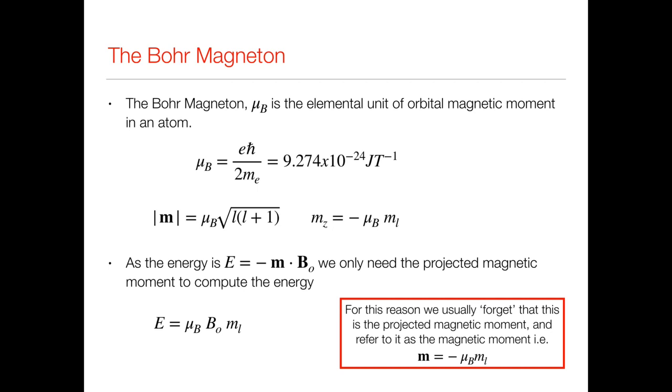And so if we now wanted to find the magnetic moment, we know the magnitude of the magnetic moment, m, is just given by the square root of l(l+1), lots of μB. And if we want to know the projection of the magnetic moment onto a particular direction, which we call the z-axis, then it's given by minus μB ml.